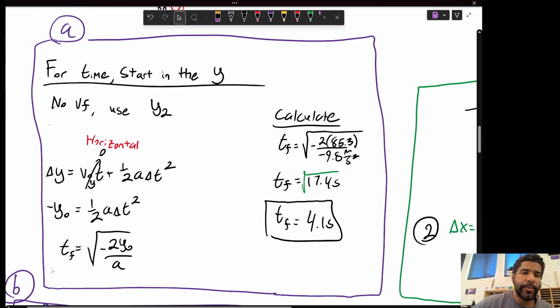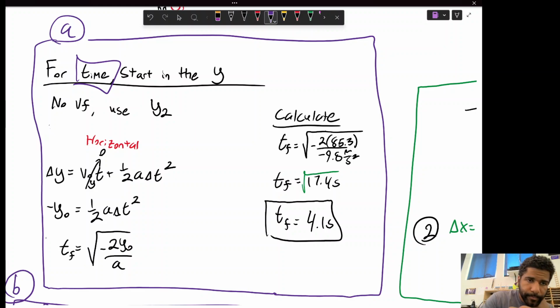When it comes to trying to find the time, you got to go in the y. Pretty much every time. Get it? If you don't have the final velocity and you have everything else, you have the position, we have to use the second y kinematic equation.